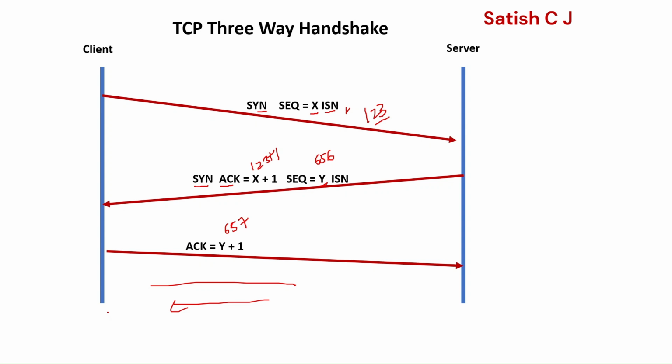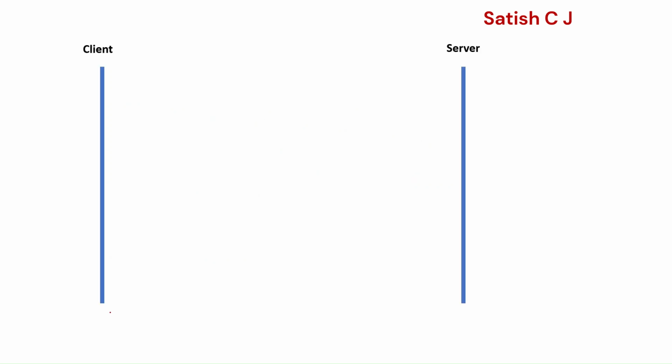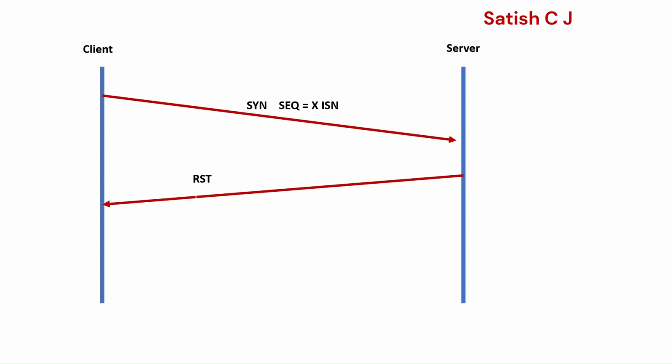Let's take up some scenarios here. The first scenario is what if the client sends a SYN request to the server and the server is not ready to accept the connection? The server is not willing to accept the connection. What will happen? Then the server will terminate the connection by sending a packet with a reset flag.